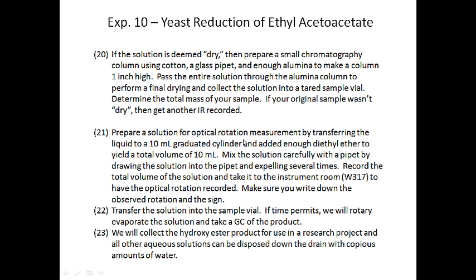If the solution is deemed dry, then you're going to do what the procedure says and prepare a small chromatography column using cotton, a glass pipette, and enough alumina to make a column that's about 1 inch high. Then you're going to pass your entire dry solution through the alumina column, and that will hopefully remove any water that's left over.